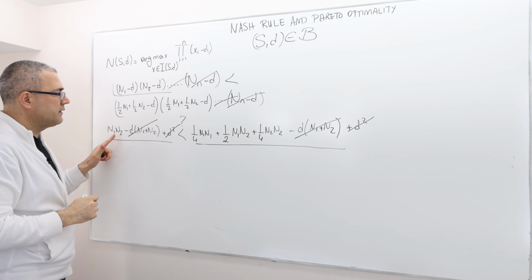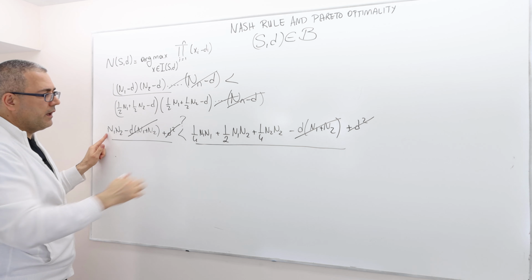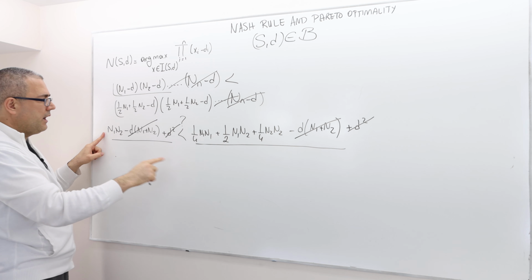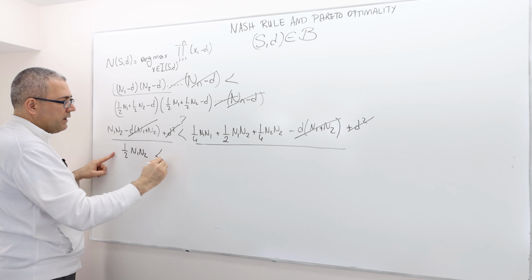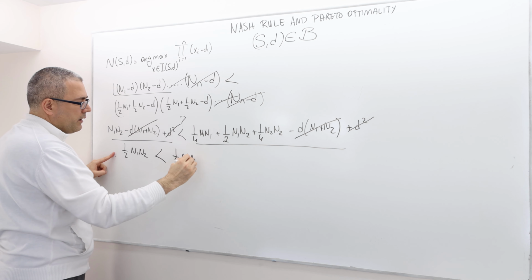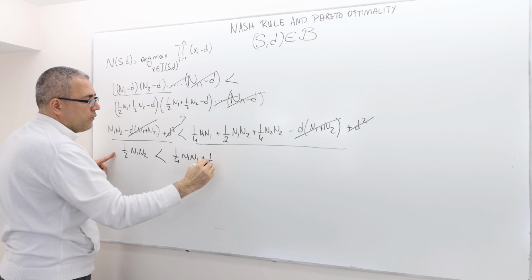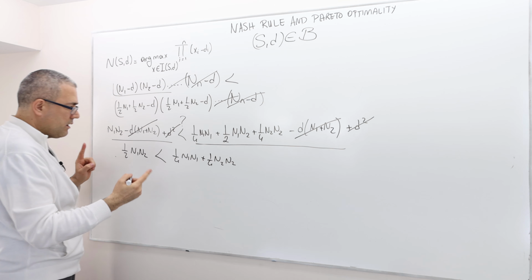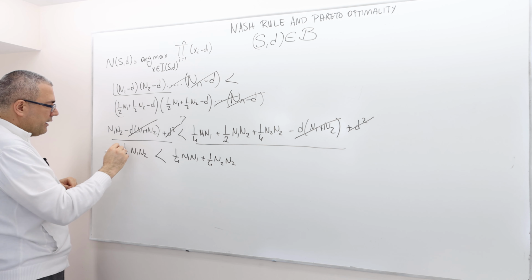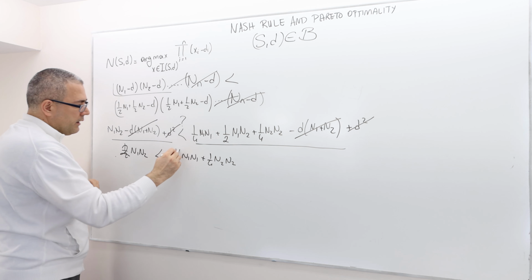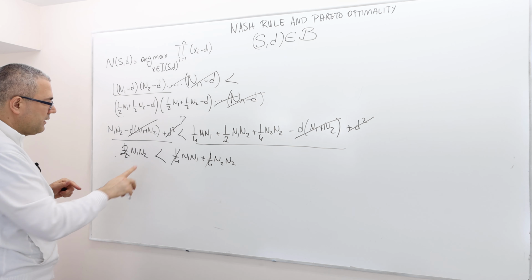I have n1 times n2 here. And so I have 1/2 n1 n2 on this side, less than 1/4 n1 n1 plus 1/4 n2 n2. What do I want to do? I want to multiply both sides by 4. So I'm going to have 2 here, and then those will cancel out.